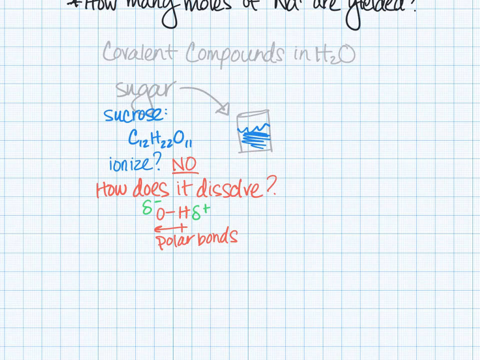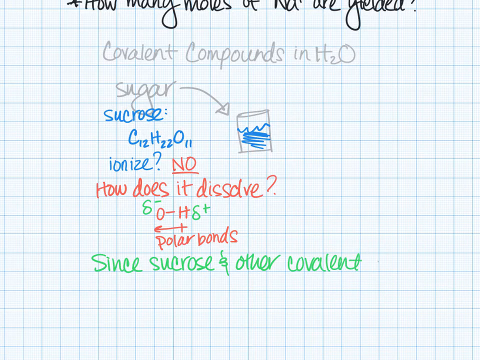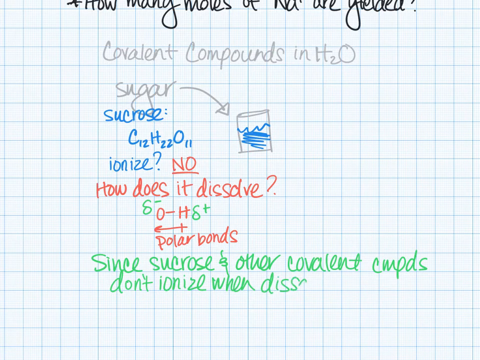So since it does not ionize, since sucrose and other covalent compounds, for the most part, don't ionize when dissolved in water, they do not make electrolyte solutions.